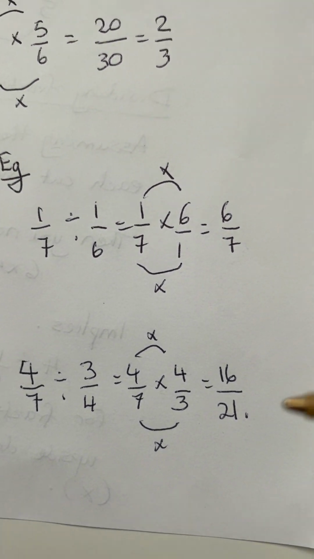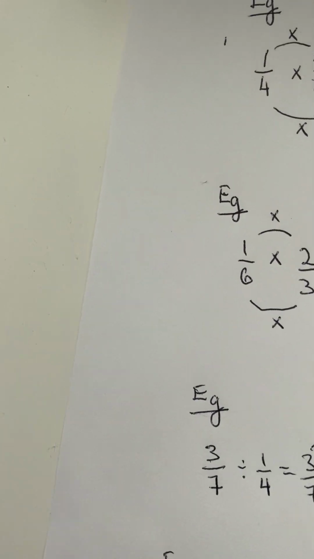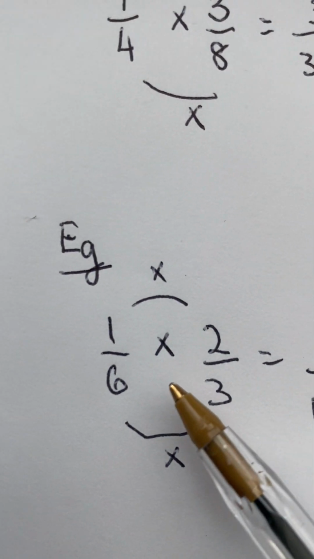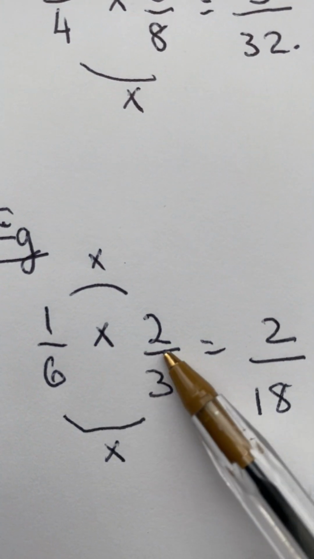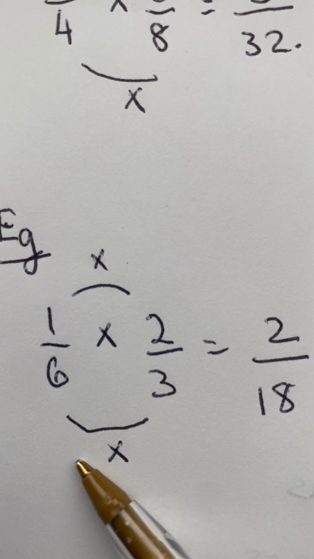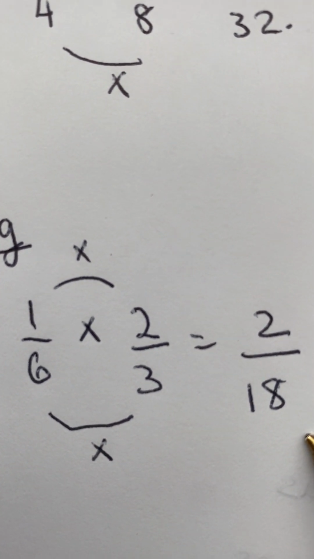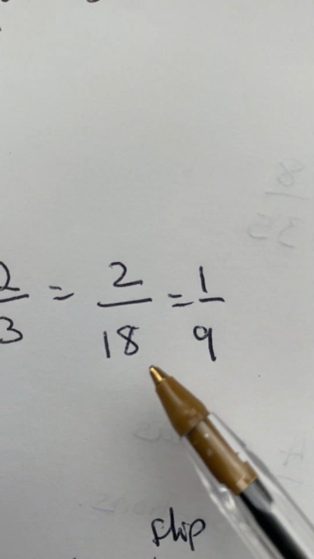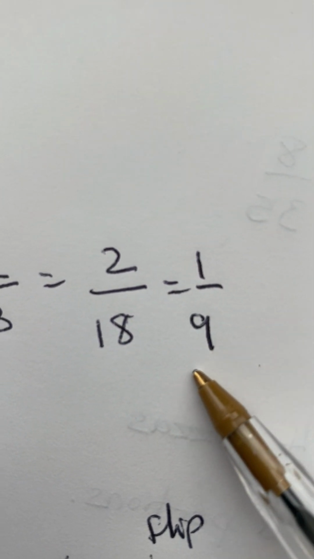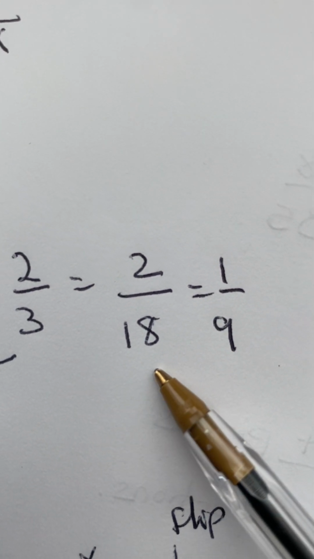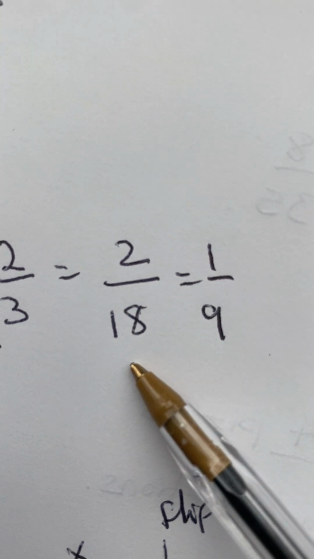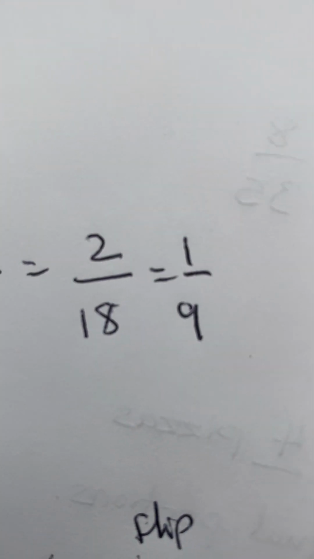So when you are multiplying, it's straightforward. You multiply the numerators and multiply the denominators. If you have to change to the lowest form, you do that. If this is the lowest form, you leave it as that.